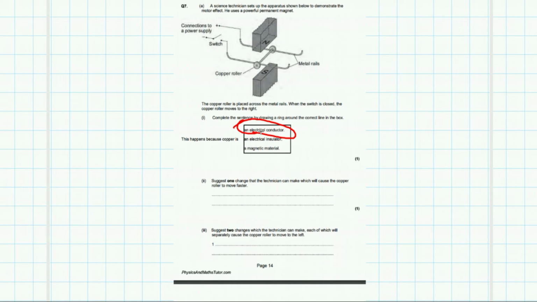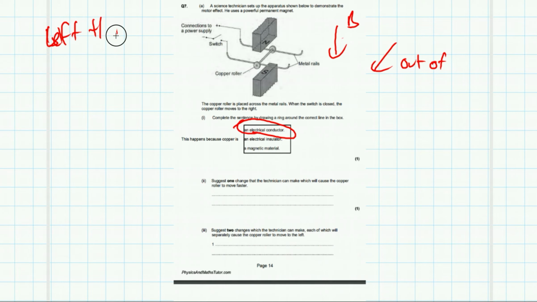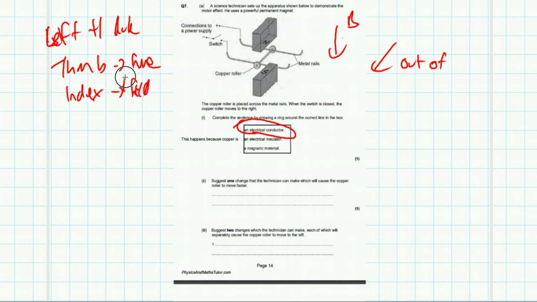So again, why is it moving to the right? First of all, you have the magnetic field going downwards, and the current coming out of the page. Using the left hand rule, thumb is force, index finger is the magnetic field, and the middle finger is current.